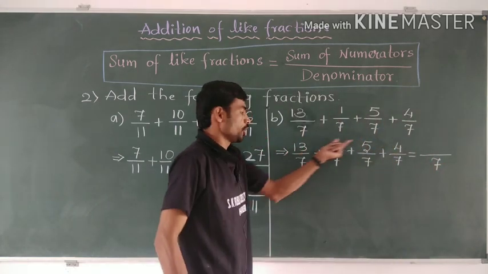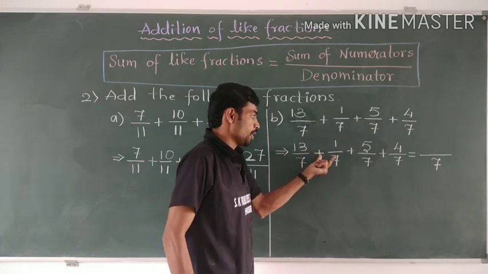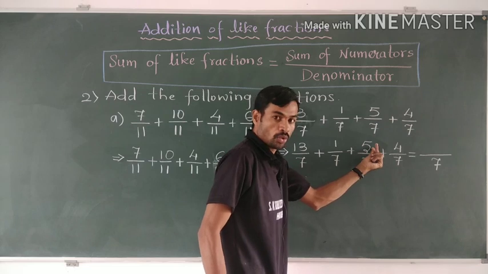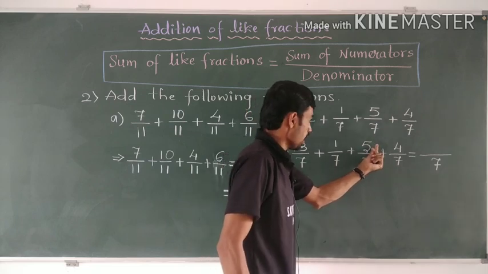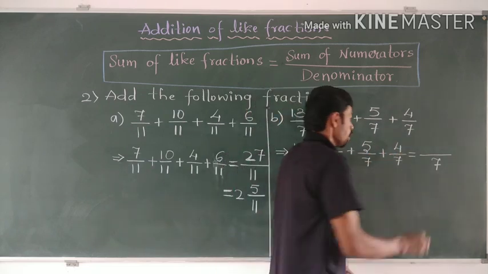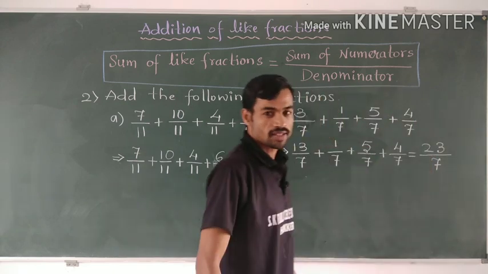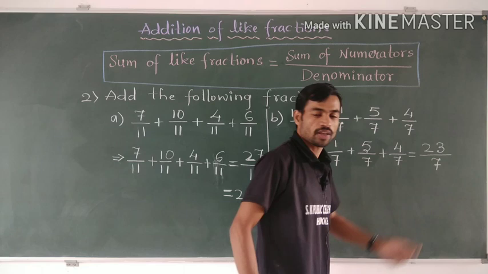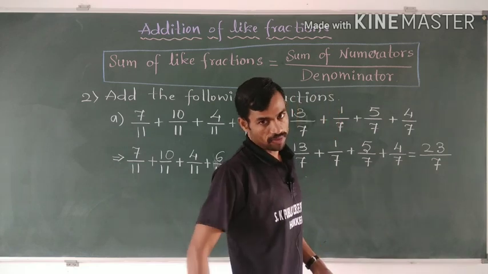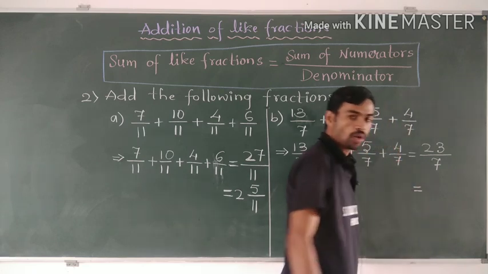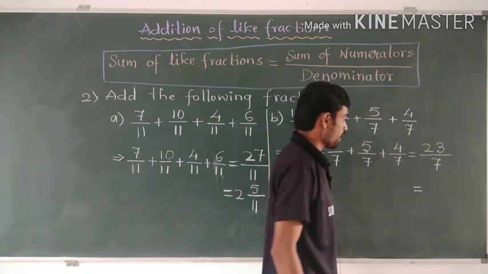Okay. Now add the numerators. 13 plus 1, 14. 14 plus 5, 19. 19 plus 4, 23. 23 by 7. Again this 23 by 7 is an improper fraction. This improper fraction we have to convert to a mixed fraction.